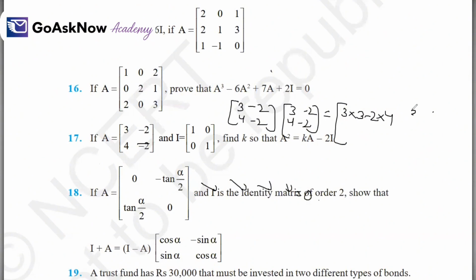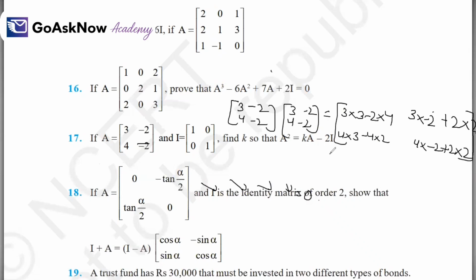So here you will get 3 into minus 2 plus 2 into 2. And here you will get 4 into 3 minus 4 into 2. Also here 4 into minus 2 plus 2 into 2. So these are the elements.